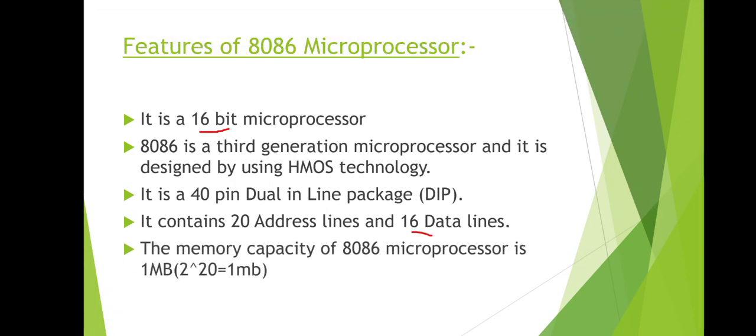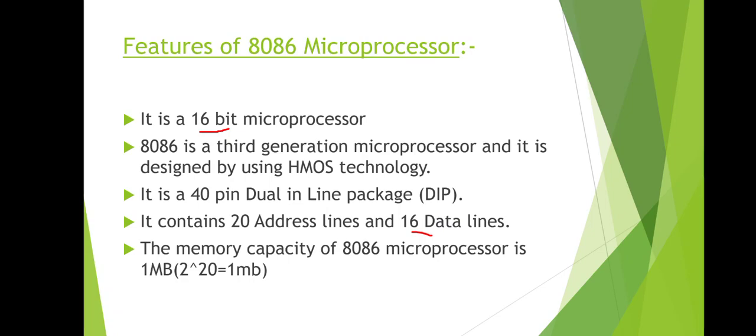And another one is the memory capacity of 8086 microprocessor is 1 MB, and in the 8085 microprocessor memory capacity is 64 KB only. In this 8086 microprocessor, it contains 1 MB memory capacity, that is 2 power 20 equal to 1 MB. In 8085 microprocessor, 2 power 16 equal to 64 KB.